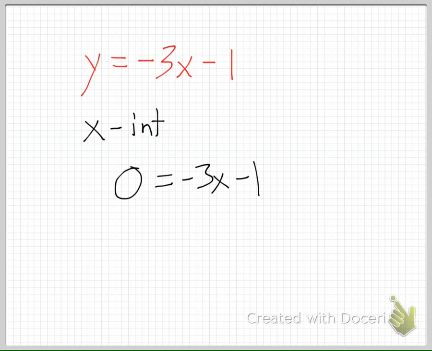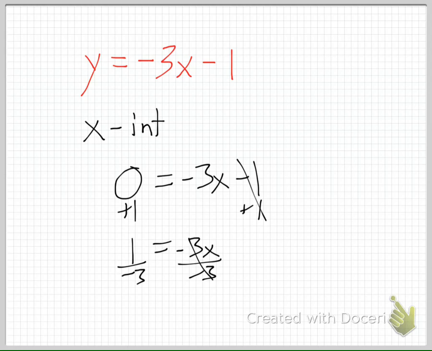The disadvantage to this as compared to when it's in standard form is this is a two-step equation I have to solve. First I have to add 1 to both sides, and then I have to divide both sides by negative 3, and then I get negative 1/3 equals x.